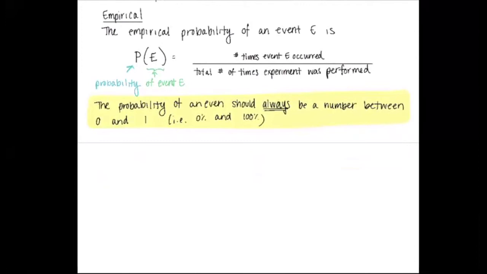Yes. So let's try an example together. We'll just do a little bit more, then we'll stop for the day. In a given week, a vet treated the following animals.